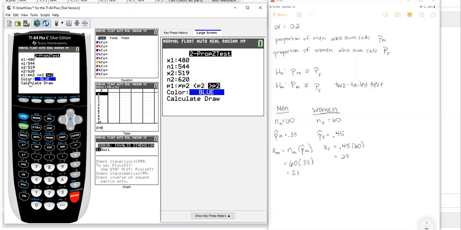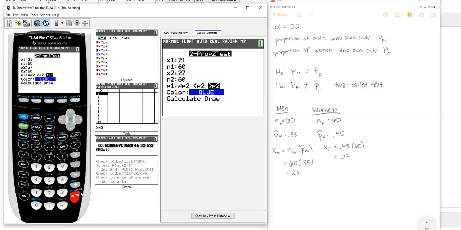So x sub 1 is whatever the first population was, the proportion of men who own cats, which we calculated to be 21. The sample size was 60. For the females, the number of successes is 27 out of the 60.